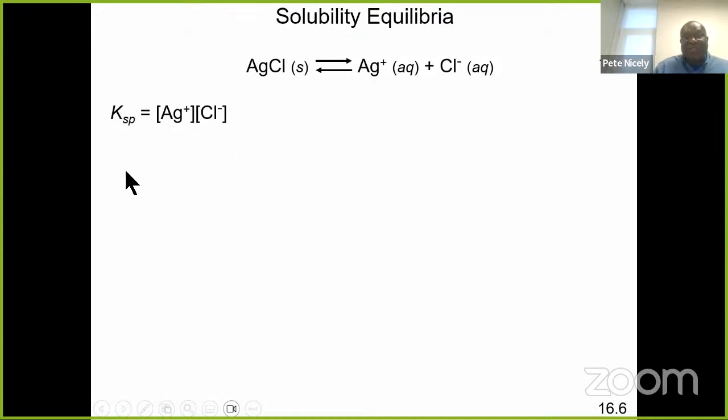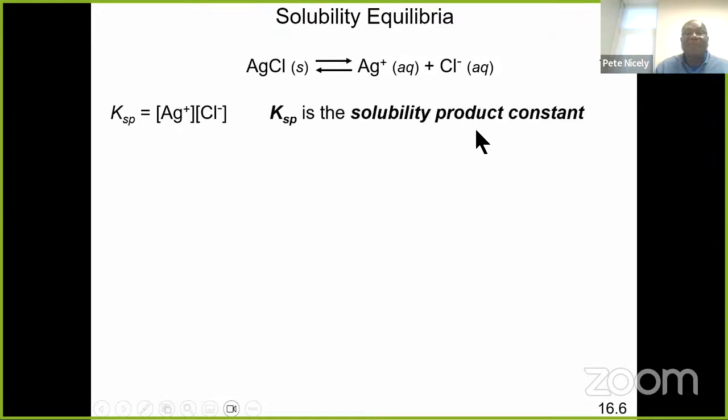And there's a special name given to this equilibrium constant. It is called the solubility product constant, KSP. That's the equilibrium constant when it comes to the dissociation of sparingly soluble ionic compounds.